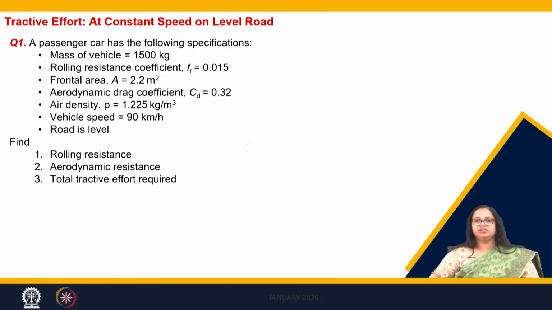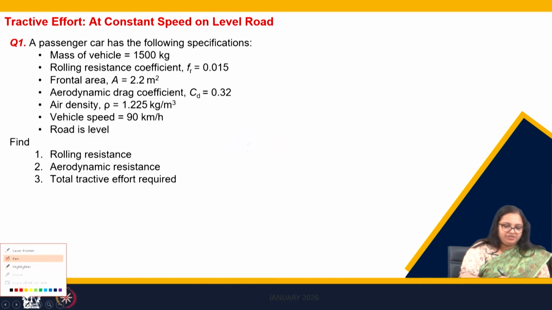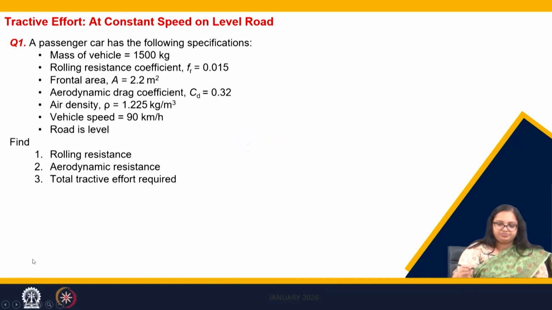The mass of the vehicle is 1500 kg, the rolling resistance coefficient is 0.015, the frontal area A is 2.2 square meters, the aerodynamic drag coefficient CD is 0.32, air density is 1.225, and vehicle speed is around 90 kilometers per hour, and the road is a leveled road, not an inclined road. So, what we have to find? We have to find the rolling resistance, the aerodynamic resistance and the tractive effort that is required.